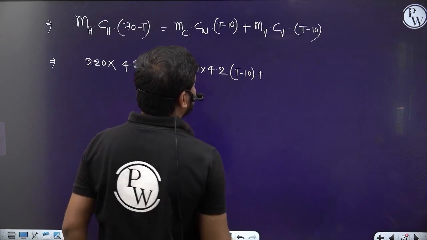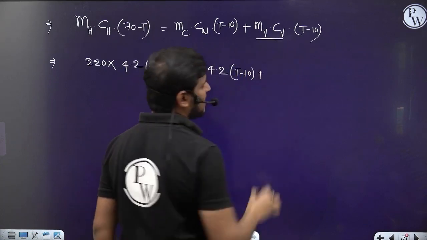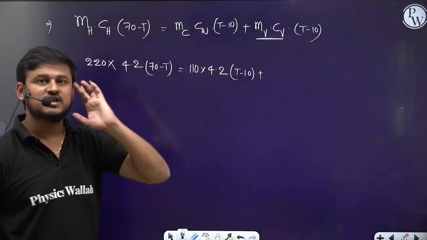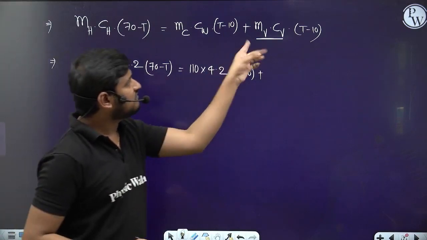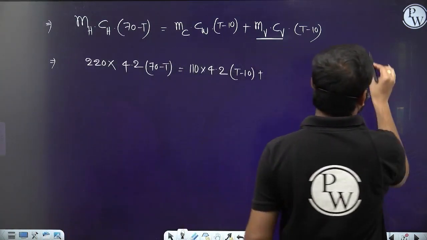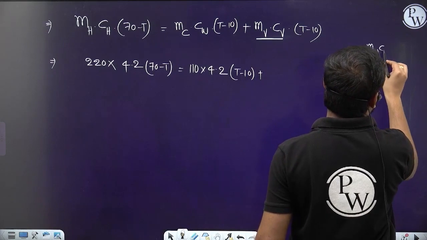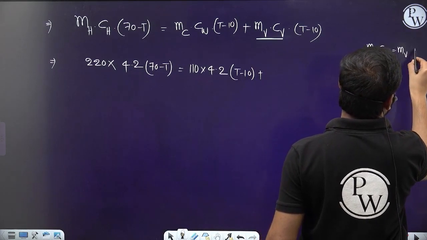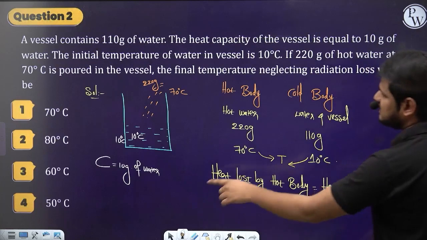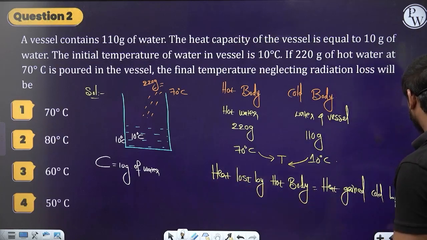Here is a point where you should catch the hint. See here, MVCV. Shall I write MWCW equals MVCV? Because the water equivalent is given in the question. What is the water equivalent?